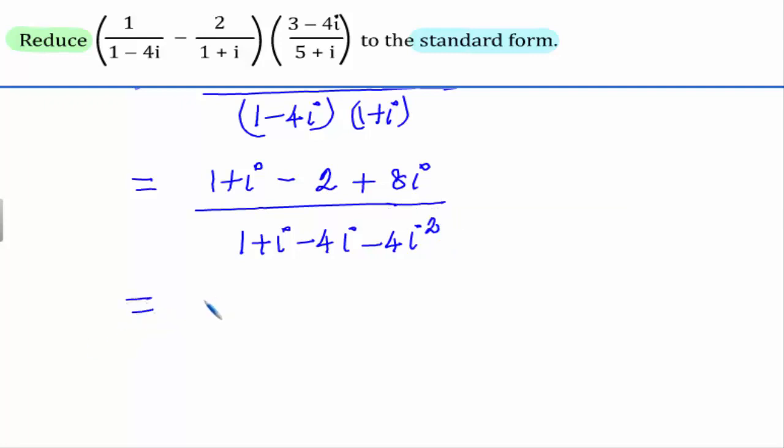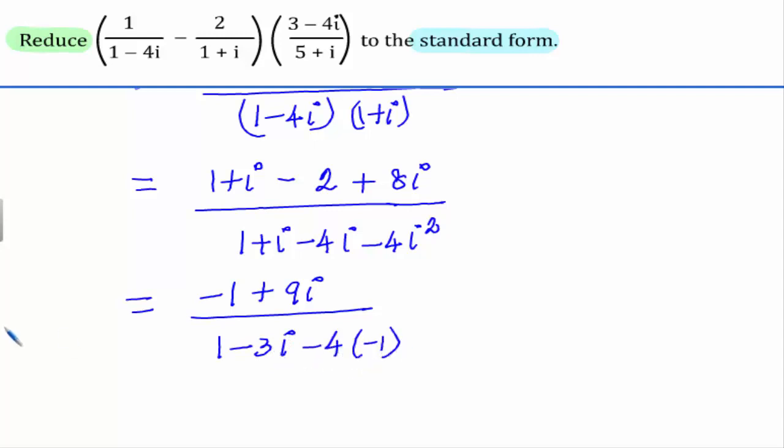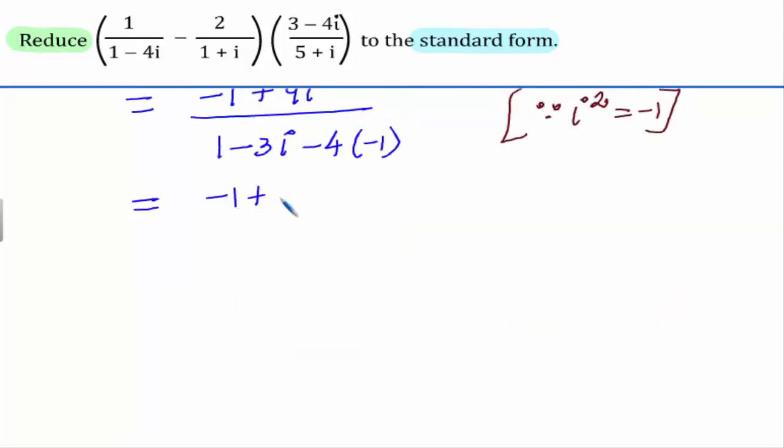This will be equal to minus 1 plus 9i divided by 1 minus 3i minus 4 multiplied by minus 1. The reason is i square is equal to minus 1. So this will be equal to minus 1 plus 9i divided by 5 minus 3i.